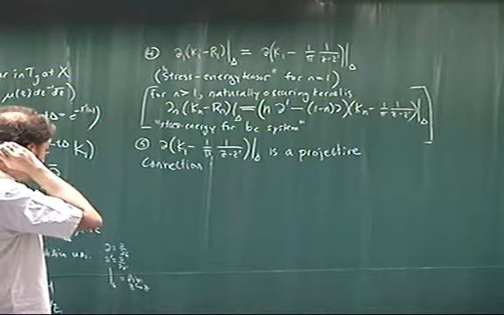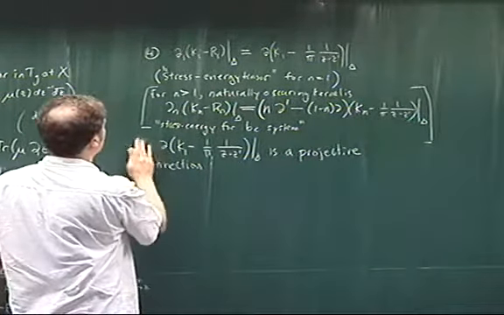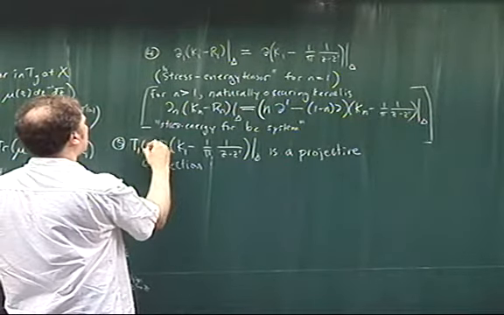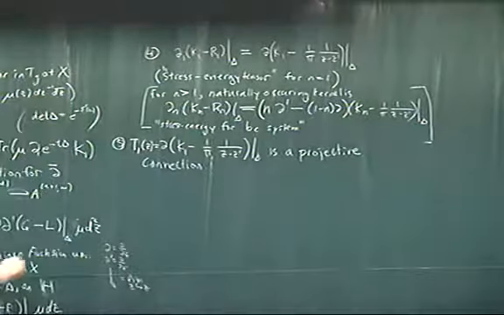So it's not quite automorphic. Let me give this a name. This is T1 of Z.